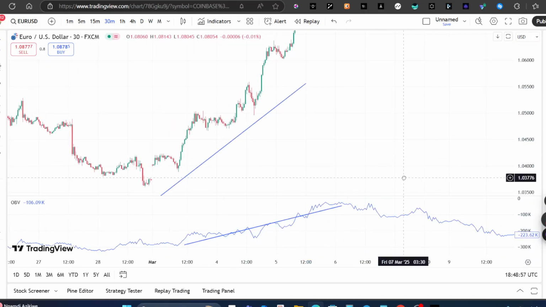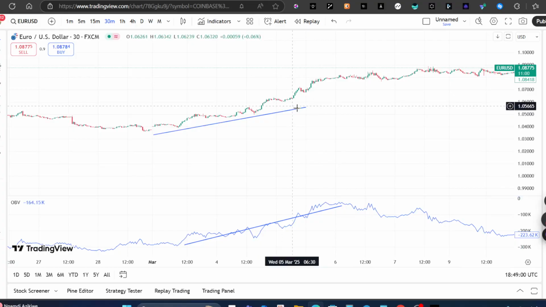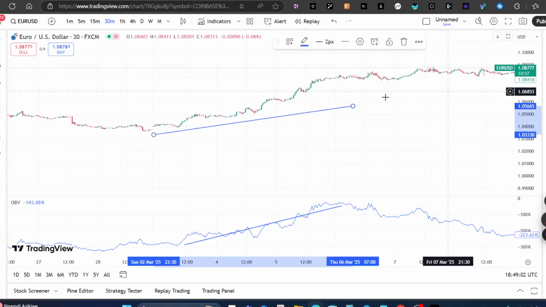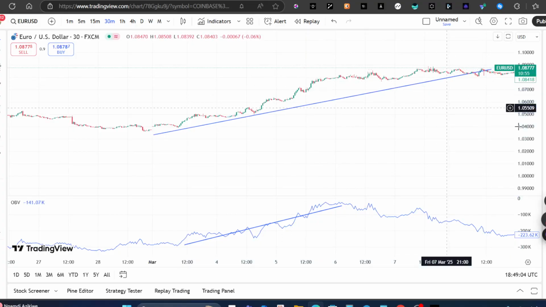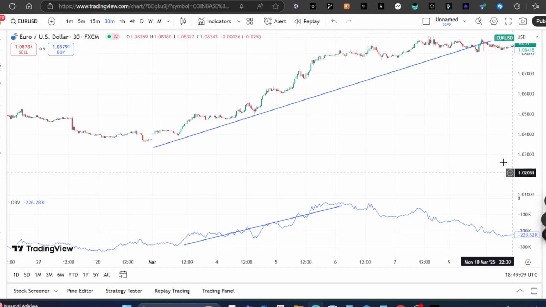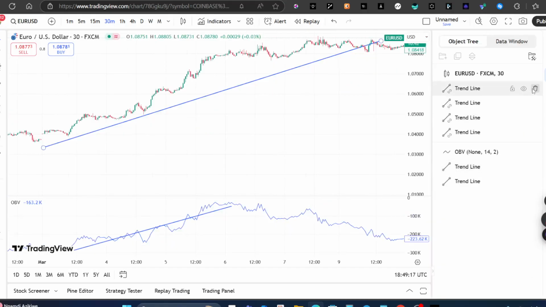And as you can see, the trend actually continued. Price continued going up. So OBV is a simple yet effective indicator that can help you avoid false signals and get a clearer picture of market momentum.